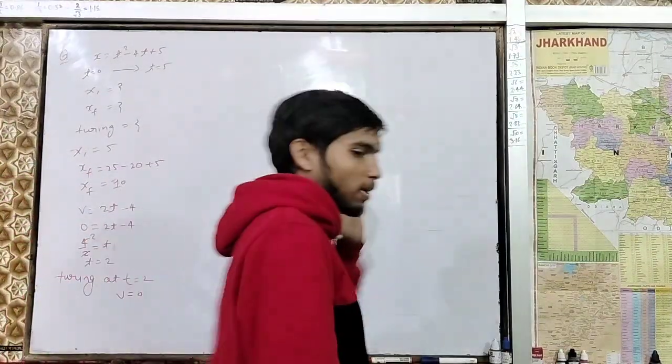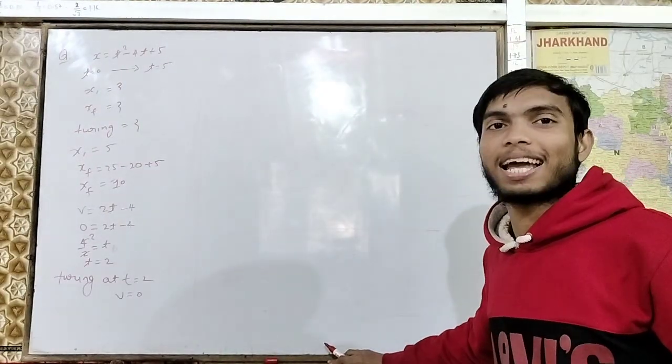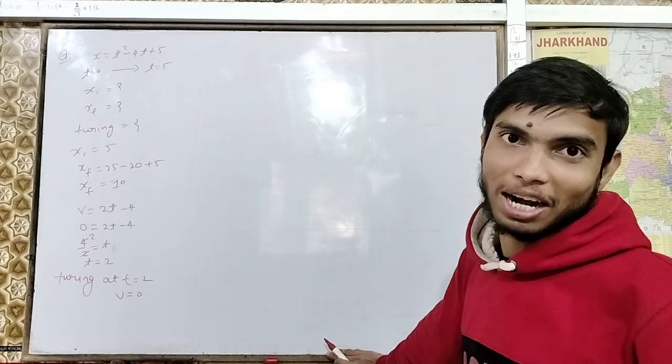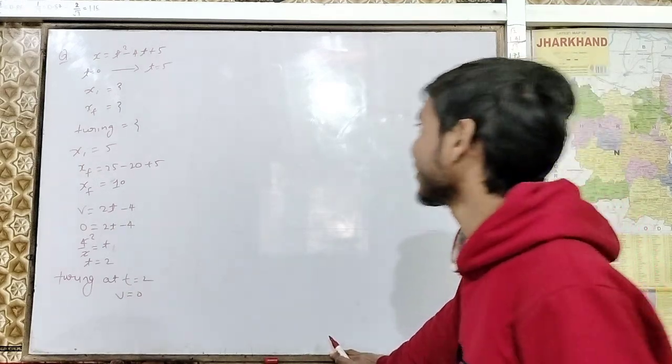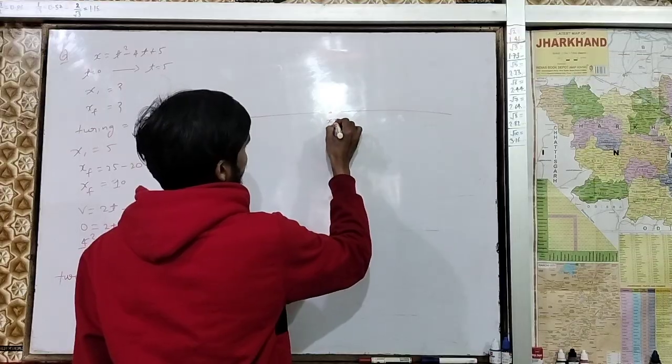Now let's see the actual path. Our work is to see the actual path so that we can find total distance. This is our x0.